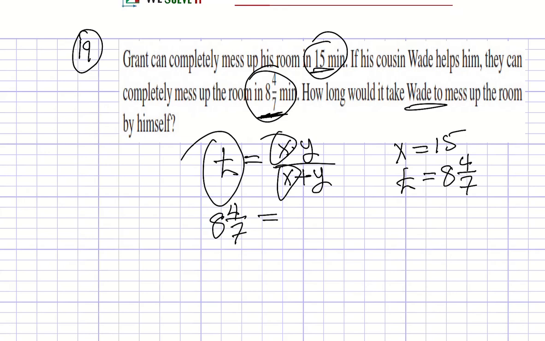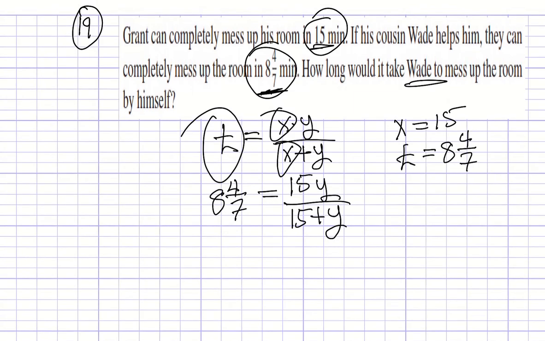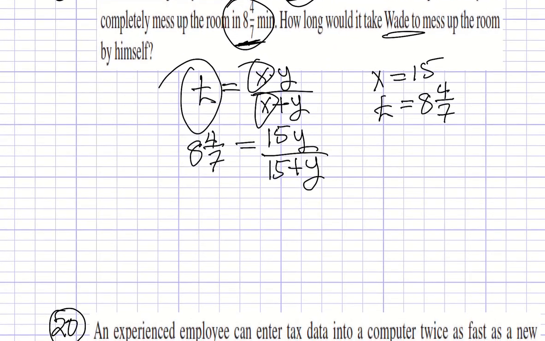You get 15y over 15 plus y, like that. Now you're going to have to solve for y. They're looking for the other thing there. So notice, this is what I think is called a partial fraction.